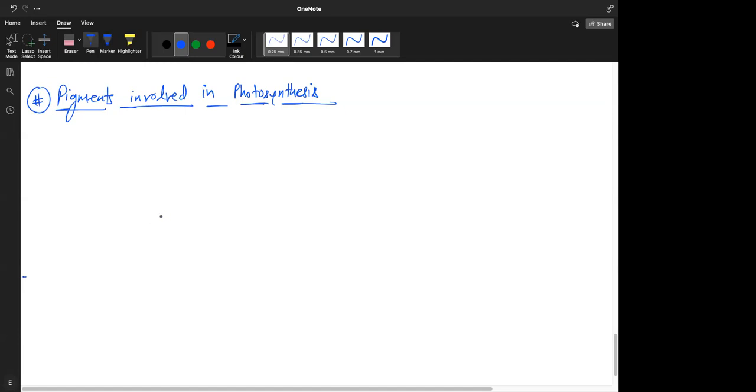As you know, there are different kinds of pigments present which also play a role in photosynthesis, not just the green.